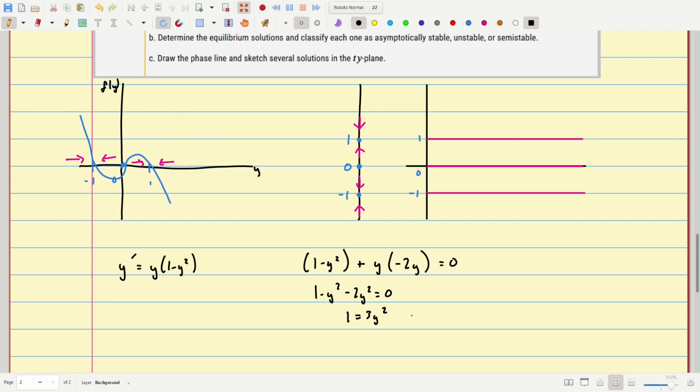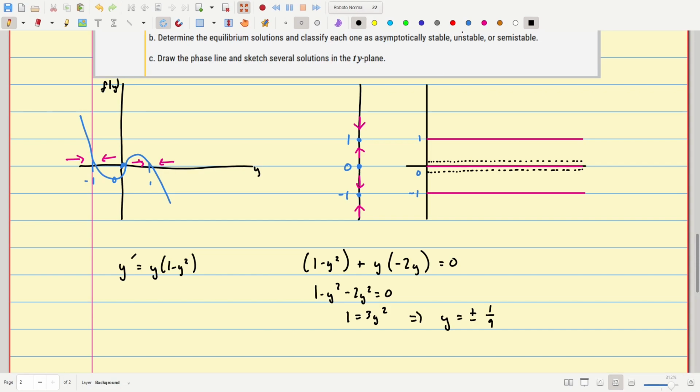And so if we solve for y, we're going to get plus or minus 1/9. And so that tells us that our inflection points are pretty close to 0. So they're going to look something like this.